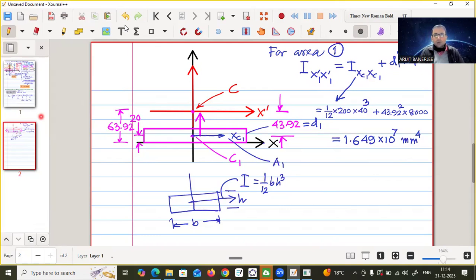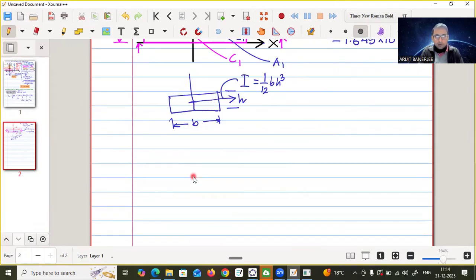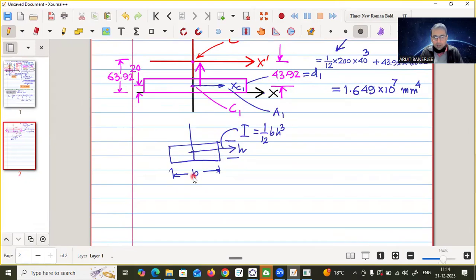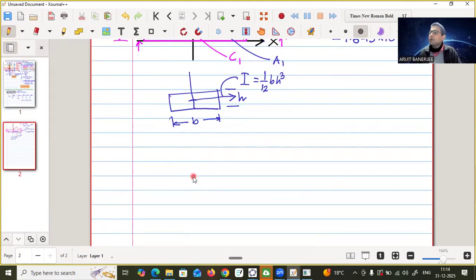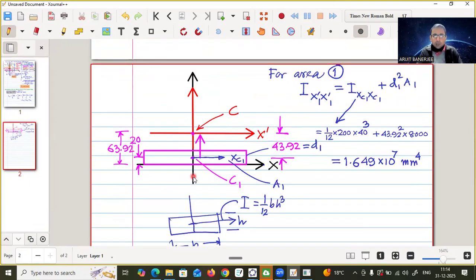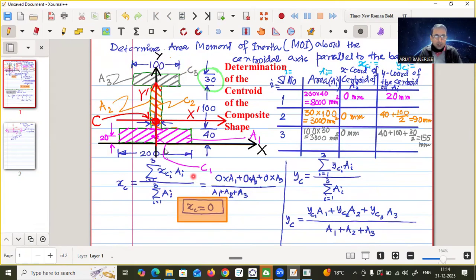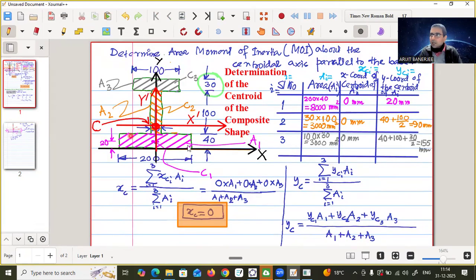Similarly, for area 2, we can determine using the same rule. Is it clear to everyone? Please, can you confirm that you have understood? What we are basically doing is transferring from this axis to this red axis.